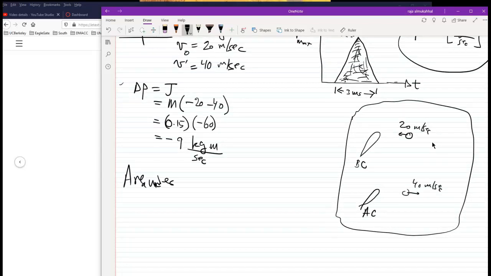I'm sorry, the area under the curve is the impulse, right? Remember we said impulse is the integral of F dt from T1 to T2, and that's the area under the curve. The area under the curve is the impulse J, which should equal this, which is also the impulse J. You get that? Okay. So let me get the area under the curve.